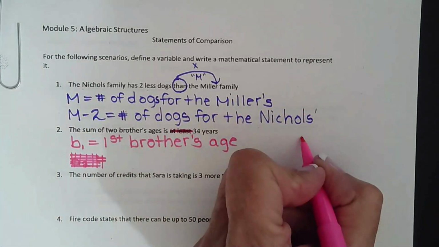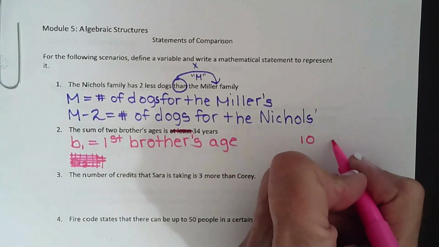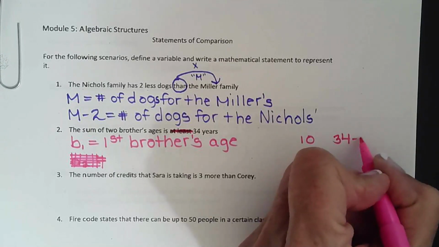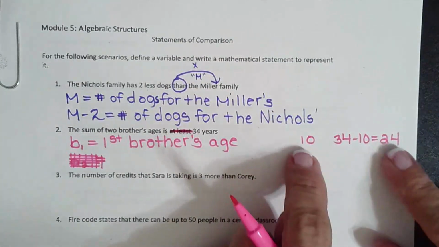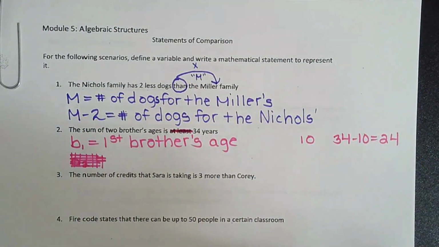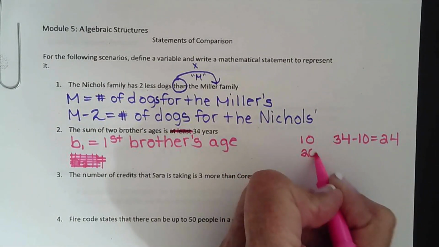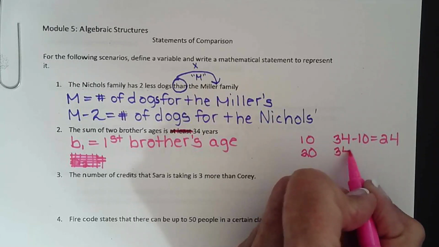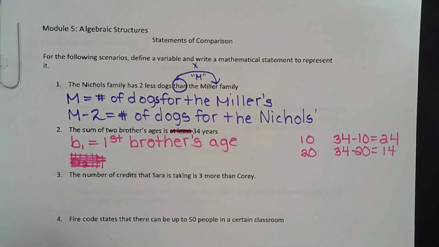So what if one of the brothers was 10, you're going to say, oh, 34 minus 10, the other brother's 24, right? Because don't these two add? What if the first brother is 20? Oh, 34 minus 20, that means the second brother's 14. So do you see a pattern there?